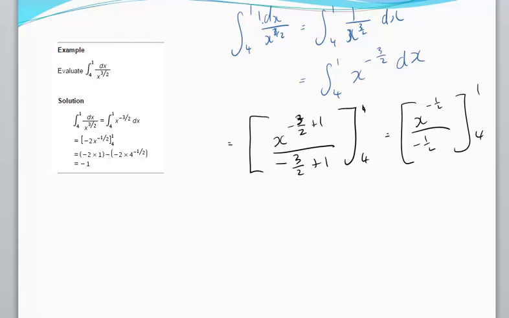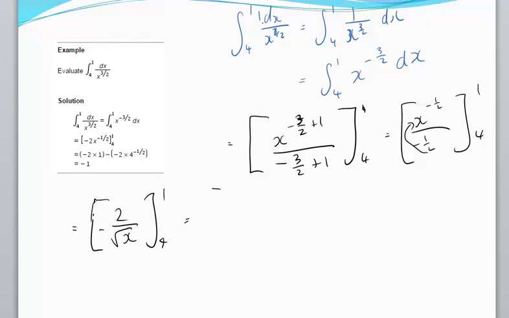So x to the power of minus a half becomes 1 on root x. And our 2 multiplies at the top, so we have 2 and it's a negative. We'll just clean this up, so we should end up with minus 2 on root x, between 1 and 4.